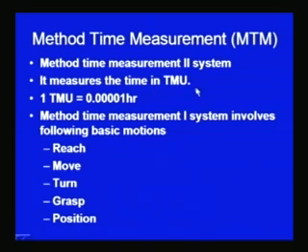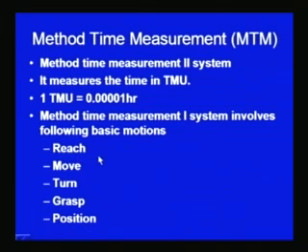It measures time in TMU units, and 1 TMU is equal to 0.00001 hour. The method time measurement 1 basically involves the following motions for the analysis to arrive at the time required for the job. These are reach, move, turn, grasp, and position.